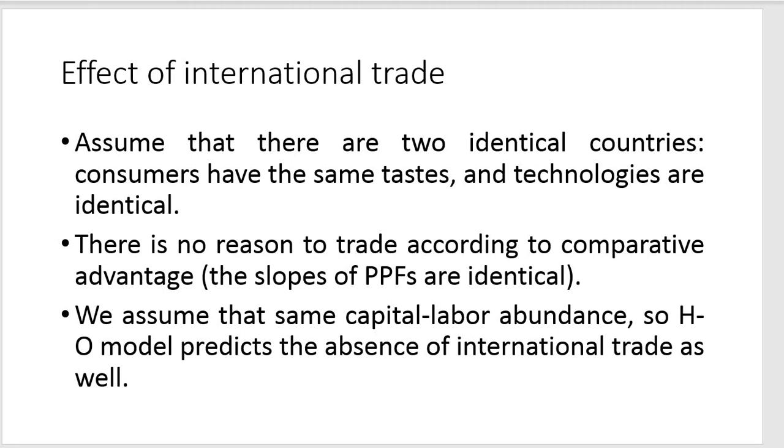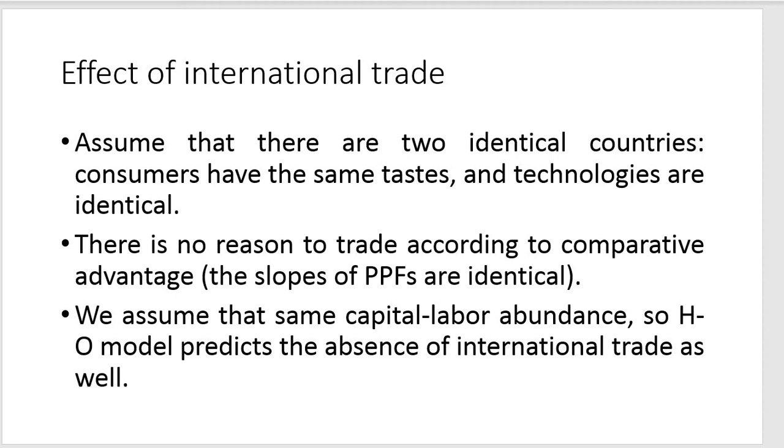So in this case, there is no reason to trade according to comparative advantage or the Ricardian model, because you can recall that according to the Ricardian model, difference in technologies is the main determinant of international trade.